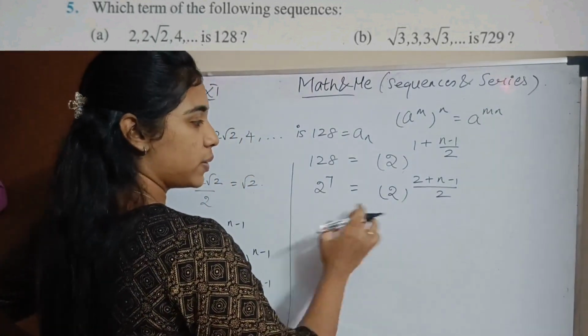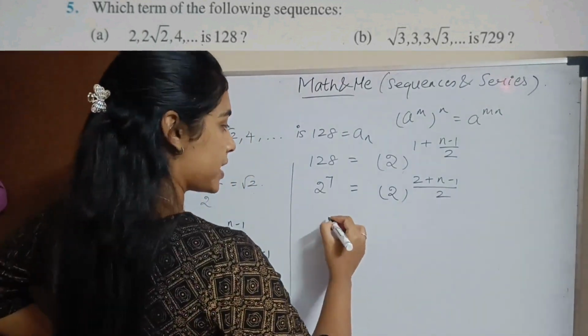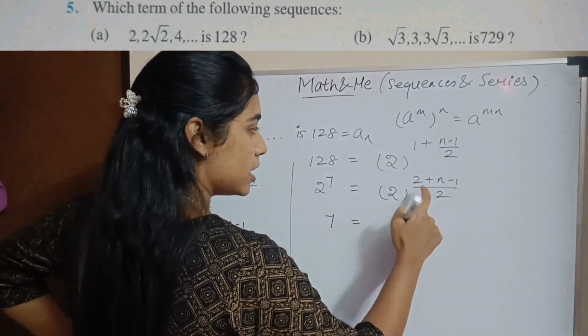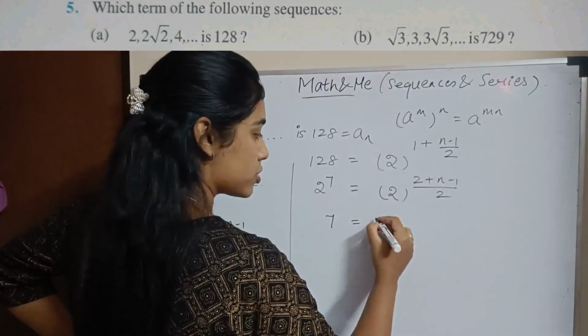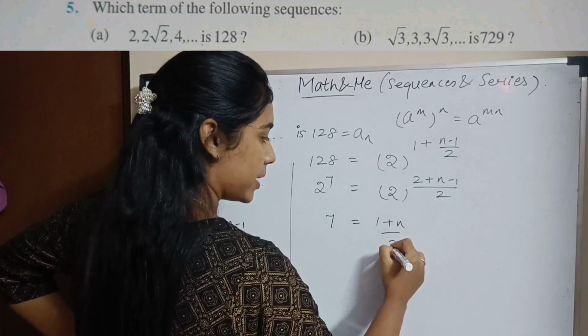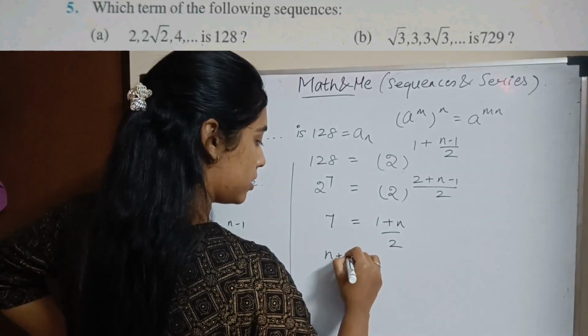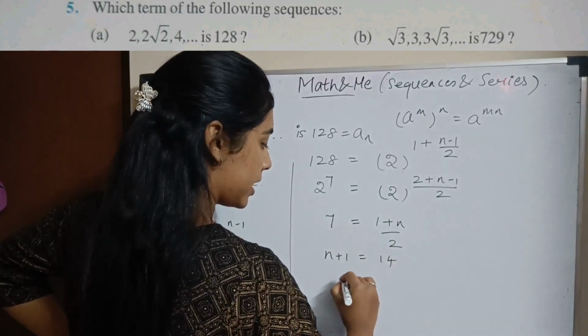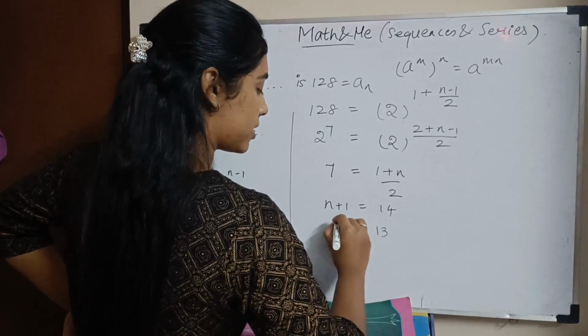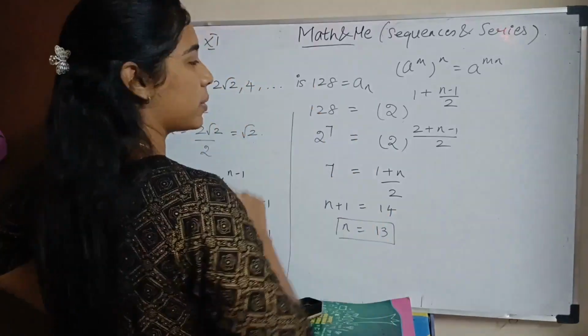Since the bases are equal, I am going to equate the powers. I have 7 equals 2 minus 1 and 1, so 1 plus N, divided by 2. So N plus 1 equals 14, N equals 13. So my 13th term is 128.